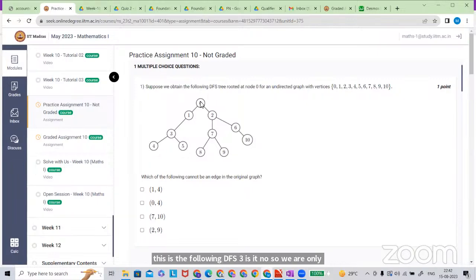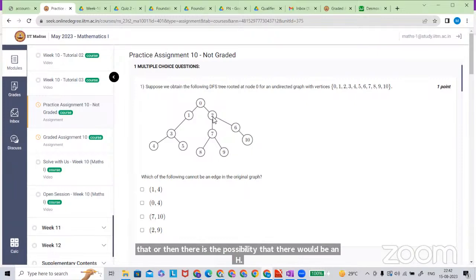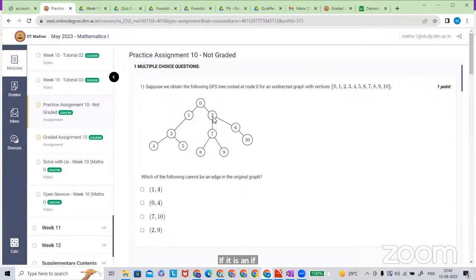So when there will be an edge in DFS, we just now discussed. If two vertices are in the same branch, then there is a possibility that there could be an edge. If two vertices are in different branches, then there will be no edge directly.